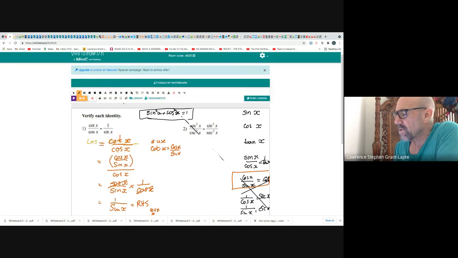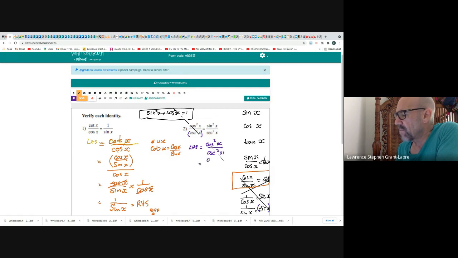Let's change the color. Let's go to the next question. Cos squared x over cosec squared x. Well, let's change cosec squared x into 1 over sine squared x. So we've got left-hand side equals cos squared x over cosec squared x.